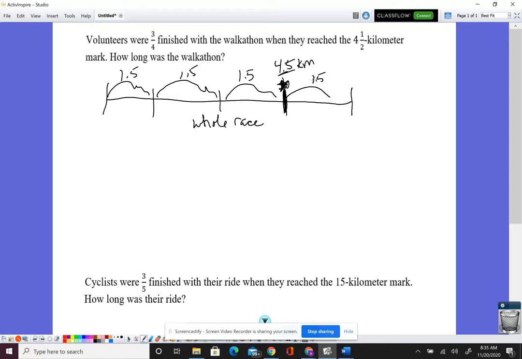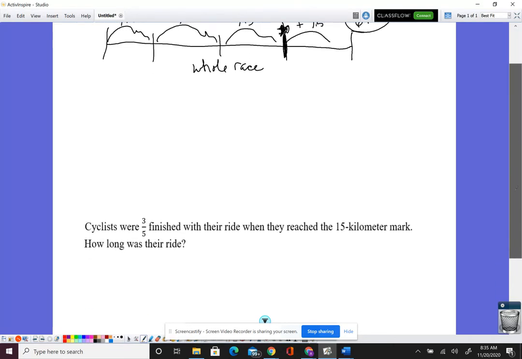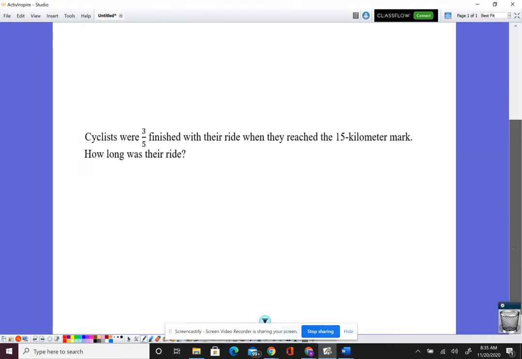So if I add 4.5 plus 1.5, I get the total walkathon was 6 kilometers. So a diagram helped some people understand that, and we didn't even have to use proportions or anything like that to figure it out.